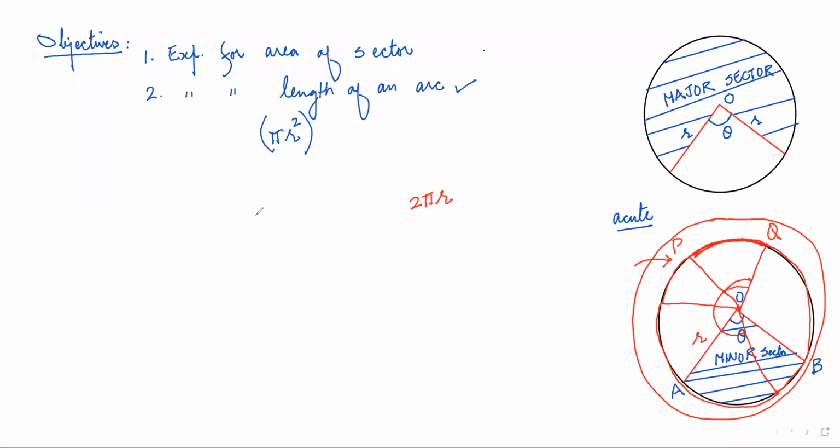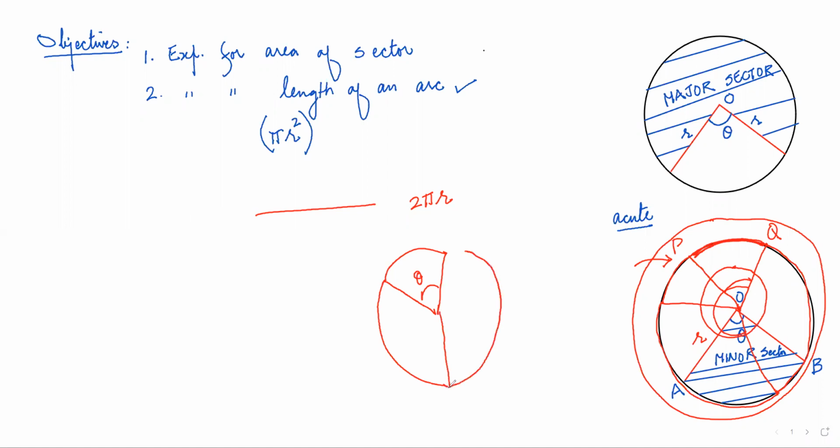According to 2 pi r distance of the arc, what is the angle? This theta started from here. What is the angle? This is a small arc. 360. Correct. When this small arc is subtending this angle, and when this arc becomes bigger, it is subtending a bigger angle. When this arc becomes the circumference, then this angle is 360 degrees.